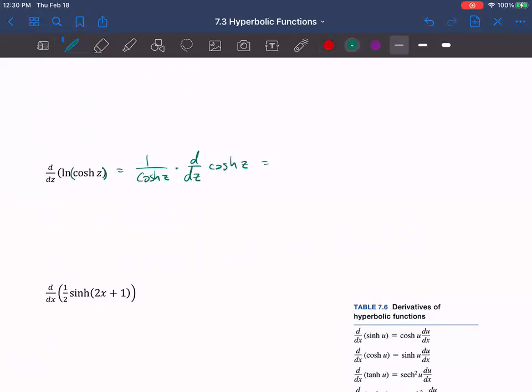Then we have 1 over cosh z, and the derivative of cosh is sinh z, and sinh over cosh is tanh z, I guess. I don't know a name for that one. Hyperbolic tangent of z.